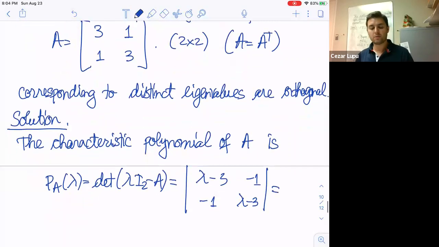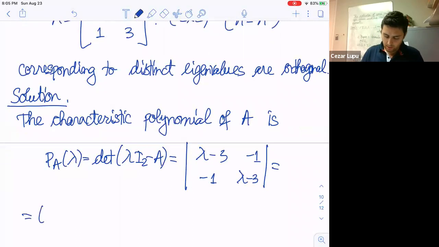If we compute the determinant, which is quite easy for 2 by 2, this is (lambda minus 3) squared minus 1.